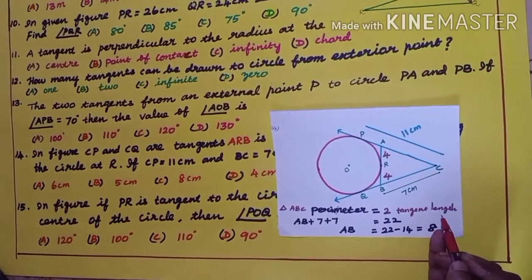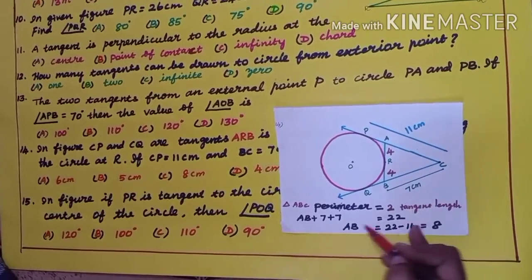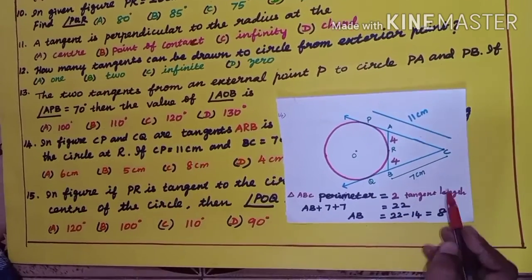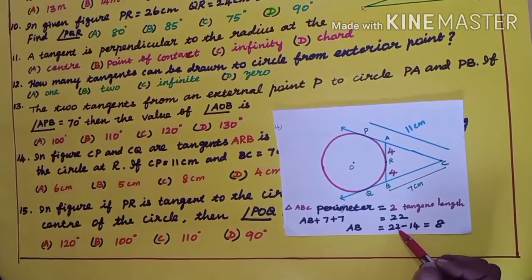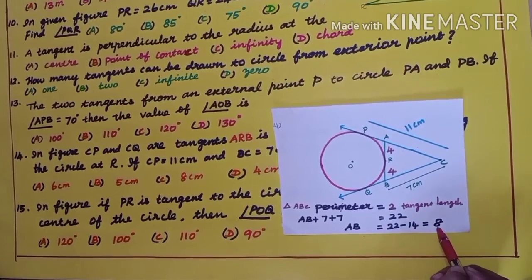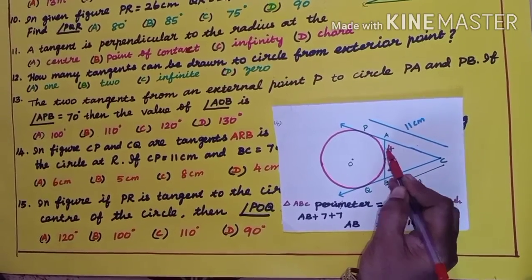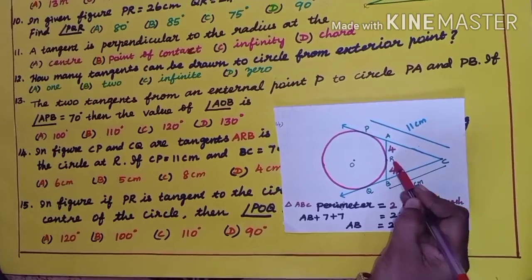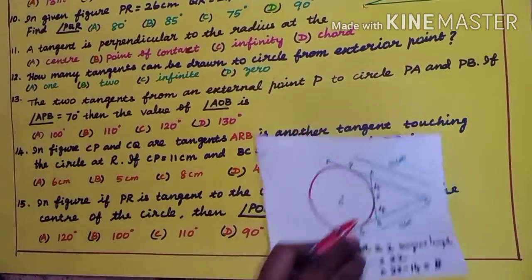This is our property. So AB plus 7 plus 7 is 14. Reducing, 2 times 11 is 22. So 22 minus 14 is 8. So AB is totally 8. BR is half of 8, so 4 centimeters is your correct answer.